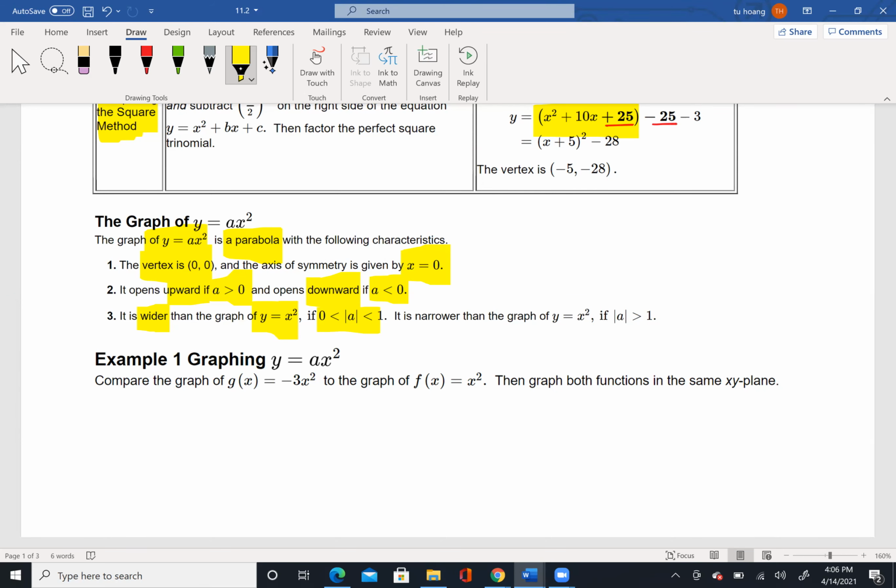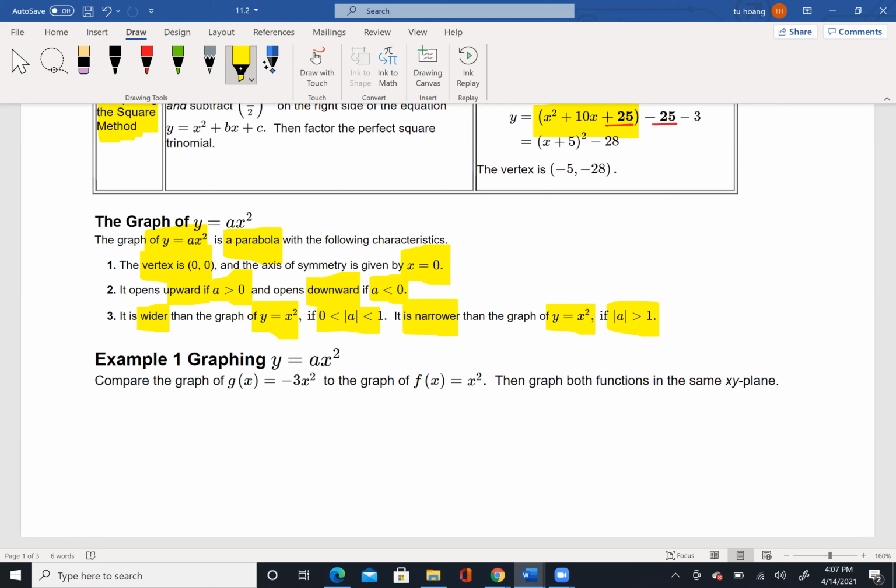That will make the graph wider. Okay, but it will be narrower than the graph of y equals x squared if a is greater than 1 or less than -1. So in here I'm going to write the absolute value of a is greater than 1.